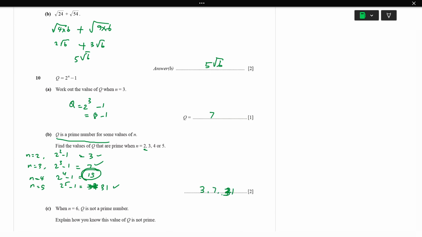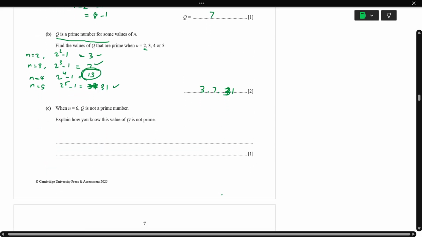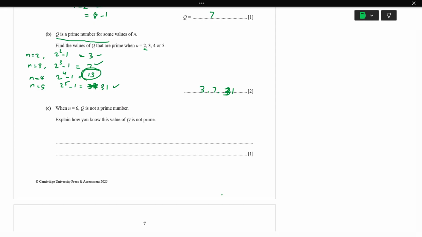Okay, so the next question. When n equal to 6, q is not a prime number. Explain how you know the value of q is not a prime. So 2 power 6 minus 1: 2 power 6 is going to be 64. 64 minus 1 is 63.